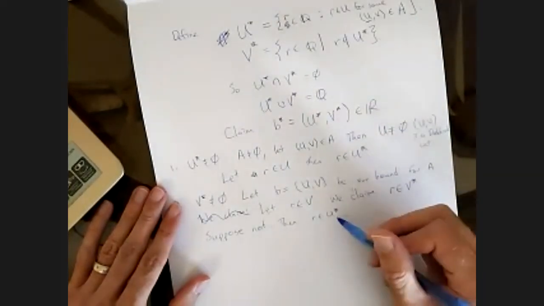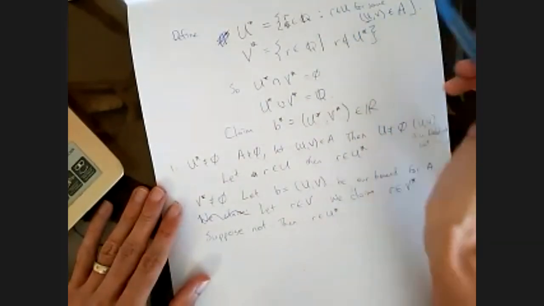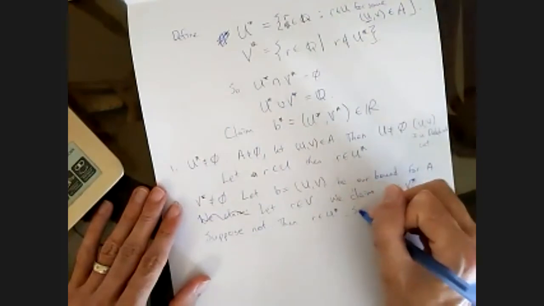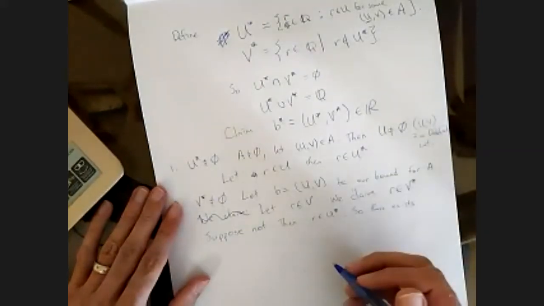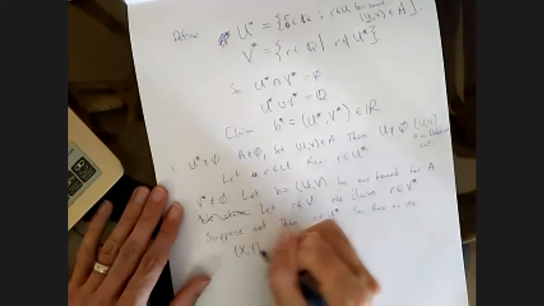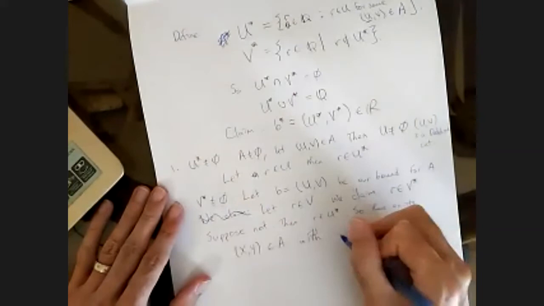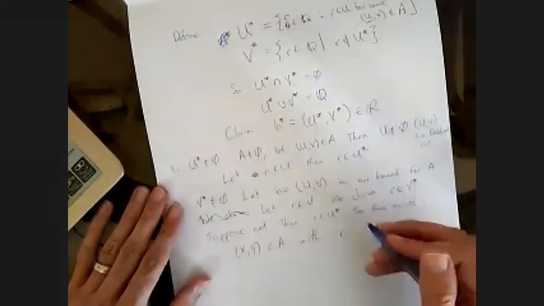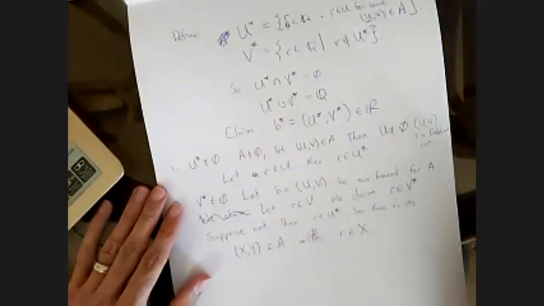U star is basically all the elements that are in some UV, some element of A. So there exists, I don't want to use UV now, I guess I'll say XY. There exists an element of A where R is in X.